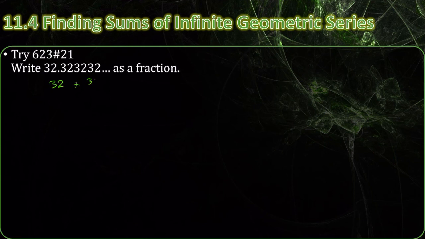32 plus 32 over 100 plus 32 over 10,000 plus 32 over a million. All right, so a1 is 32. For r, this is like 32 over 1. So the top we're multiplying by 1, the bottom we're multiplying by 100.